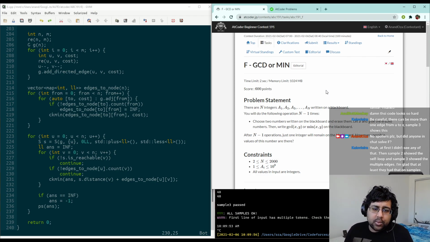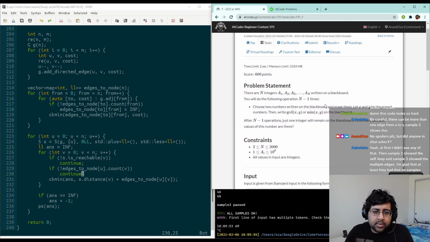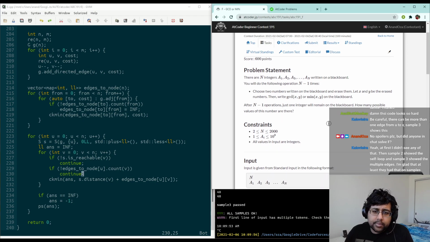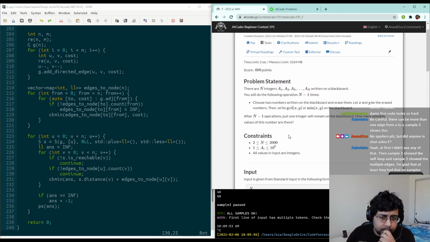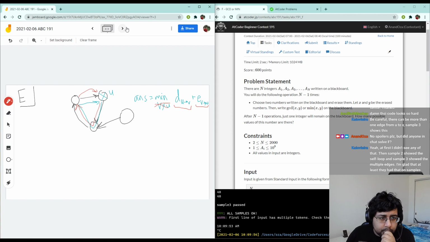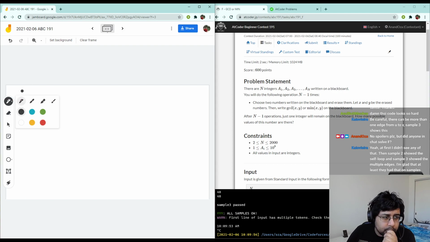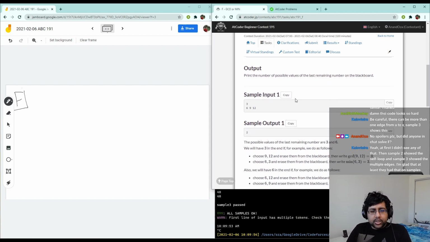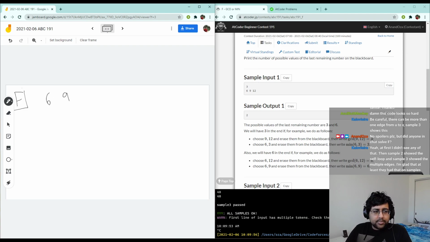Cool. So for F, basically what we have is we write some numbers on the board. Like here we have 6, 9, 12, and you can replace two numbers with their minimum or with their GCD.